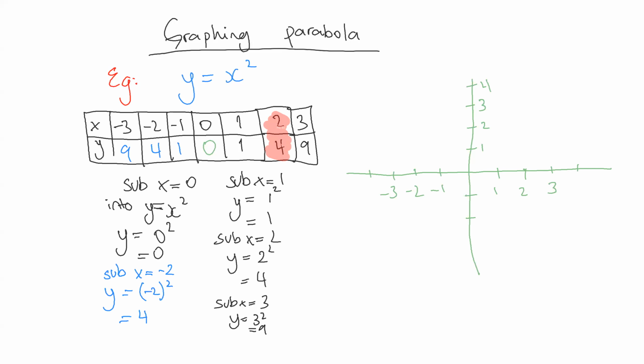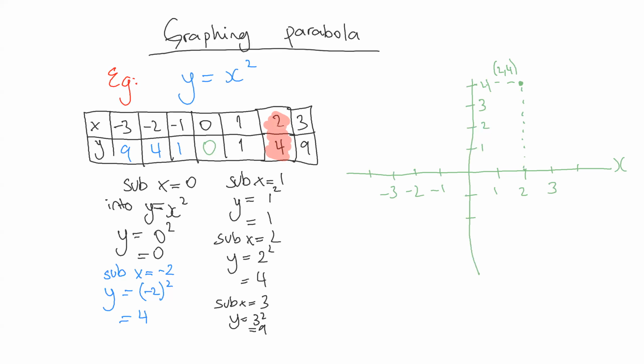So we have a 2 and 4 coordinate. We first get the x value, which is 2, find that on the x-axis, and then we just go up. Once we hit 4, that's going to be our coordinate there, and we can put a value there, 2 and 4.